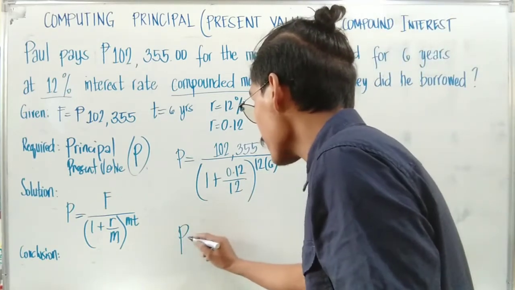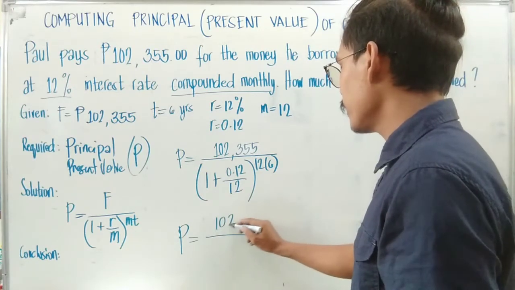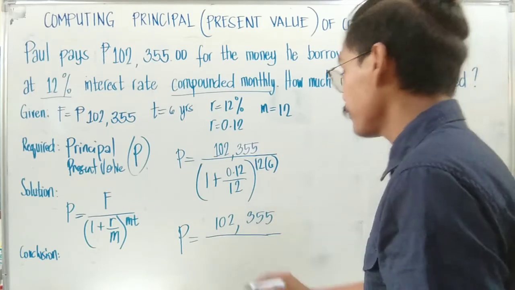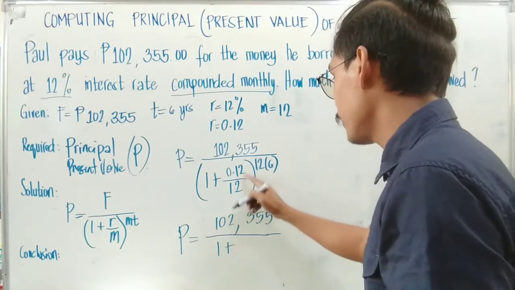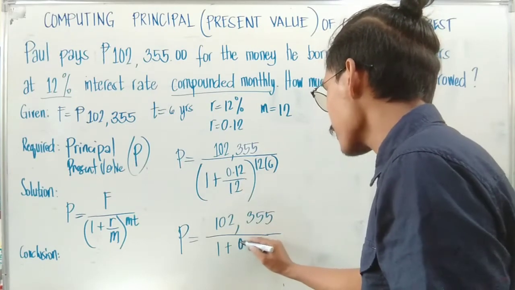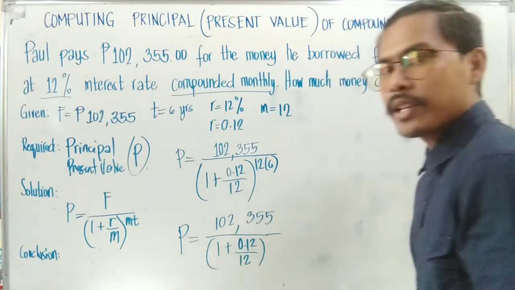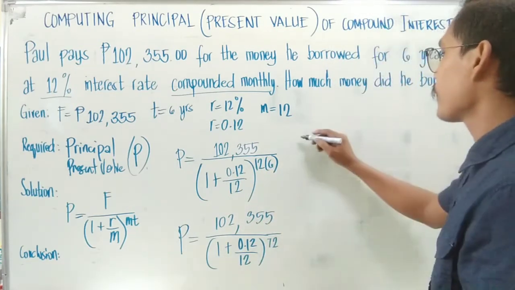Continuing, we have 102,355 over 1 plus 0.12 over 12, raised to 12 times 6, which is 72.